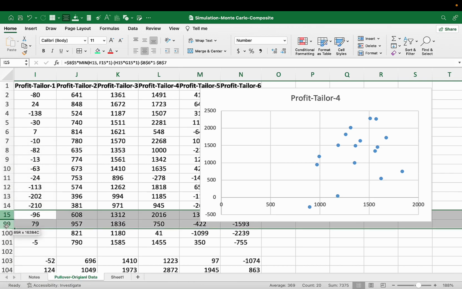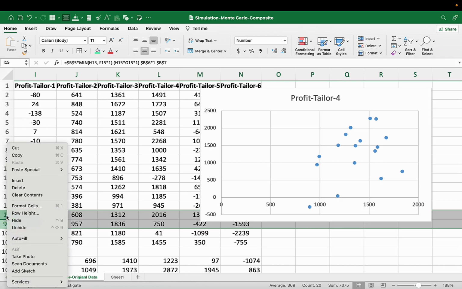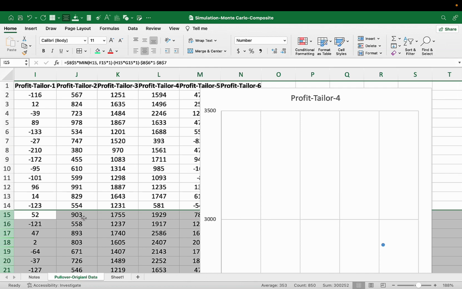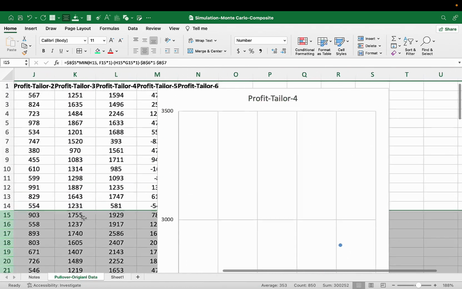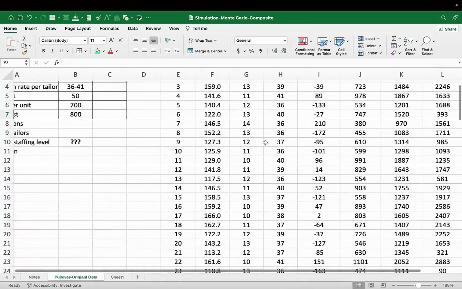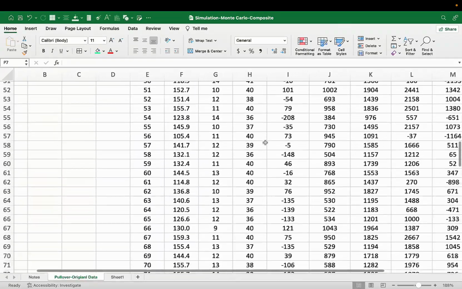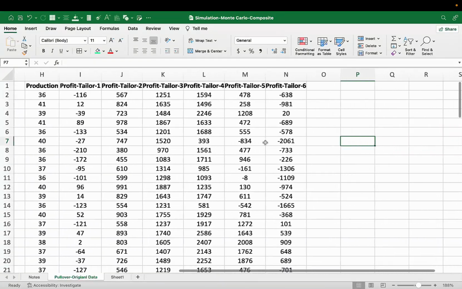You click on those two rows, 15 and 99, which means the rows between them are hidden. So I select 15 and 99, then right click and then unhide. If you unhide, you see all those rows become visible. So here we have all that data, as you can see here, 100 rows.